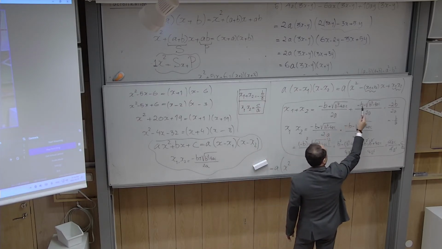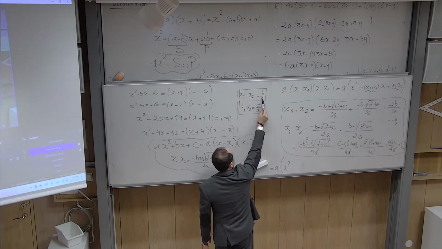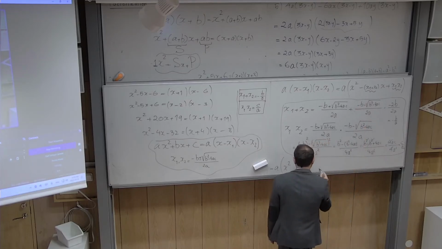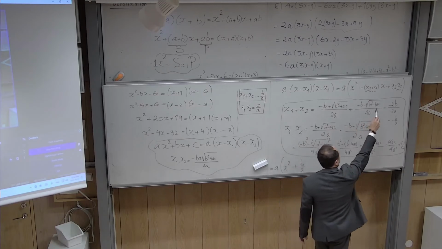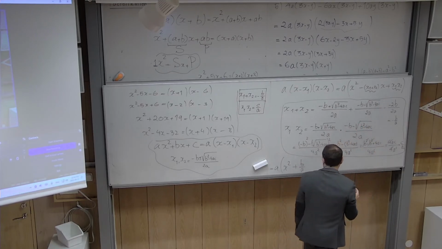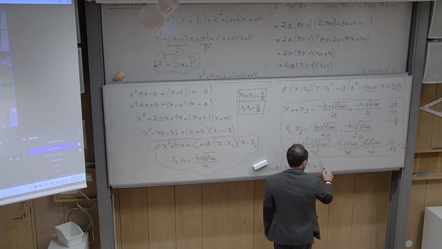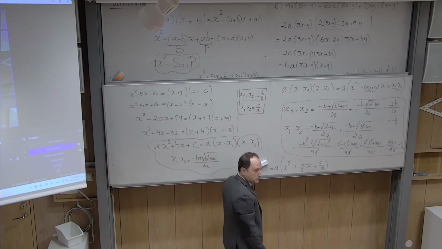What can I put instead of x1 plus x2? x1 plus x2 is minus b over a. There is also a minus sign here. It becomes plus b over a, and times this x here. Yes? And then plus c over a. x1 times x2 is c over a. Now it is finished, yes?